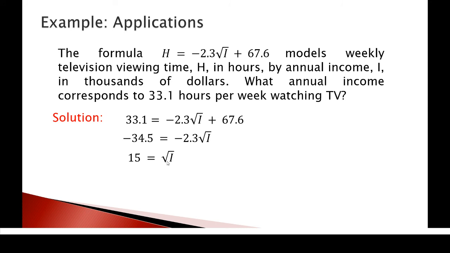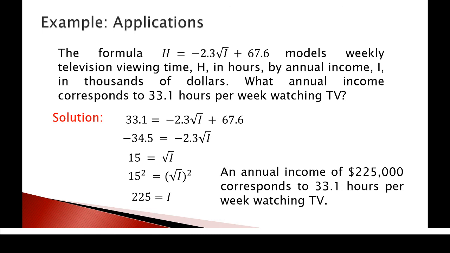Then you will have root I is equal to 15, which gives I is equal to 225. So an annual income of 225,000 corresponds to 33.1 hours per week watching TV. So that is how we can use equations in our real life applications.